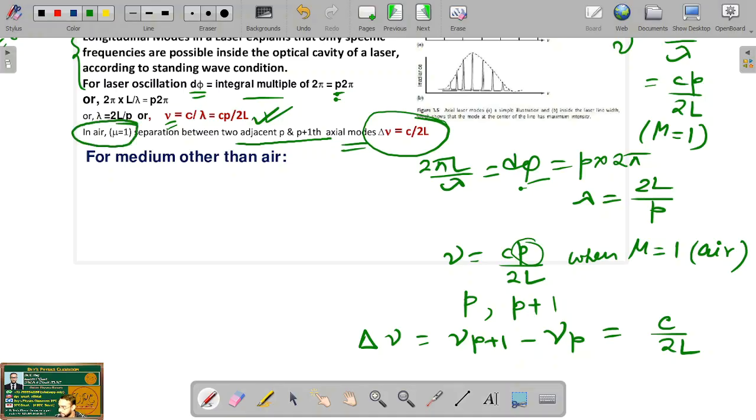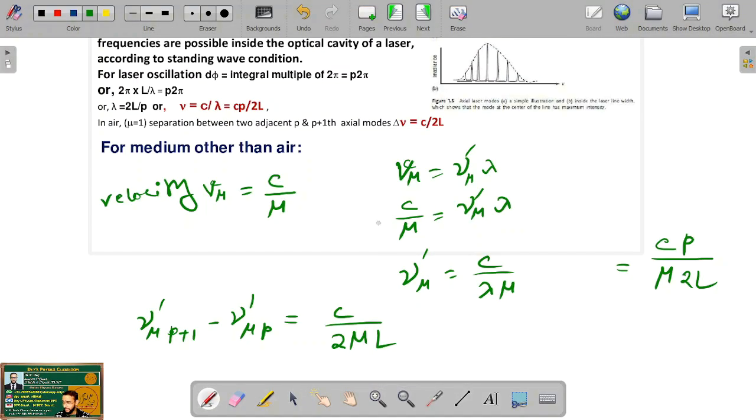Now in other medium, that means not in air, for a medium other than air, we have to calculate the modes value and the distance between two consecutive modes. Now suppose mu is the refractive index of that particular medium.